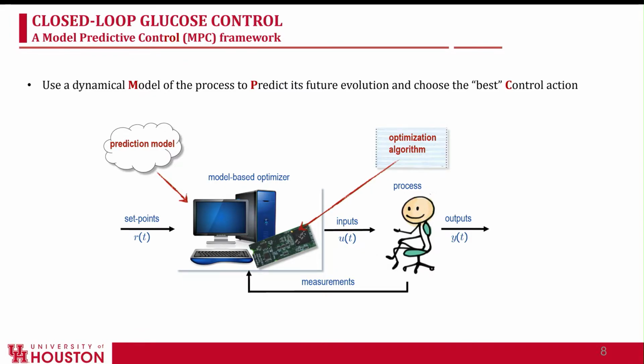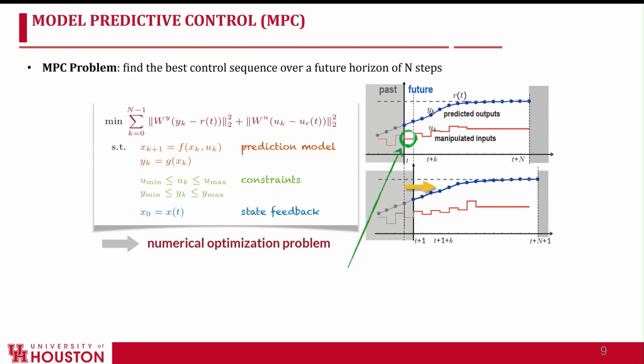So the model is used to provide a prediction of what the future output will look like if certain control actions were taken, okay? And by means of an optimization algorithm, the so-called best control action according to a certain performance index is chosen. So we use a dynamical model of the process to predict its future evolution, and then we choose the best control action.